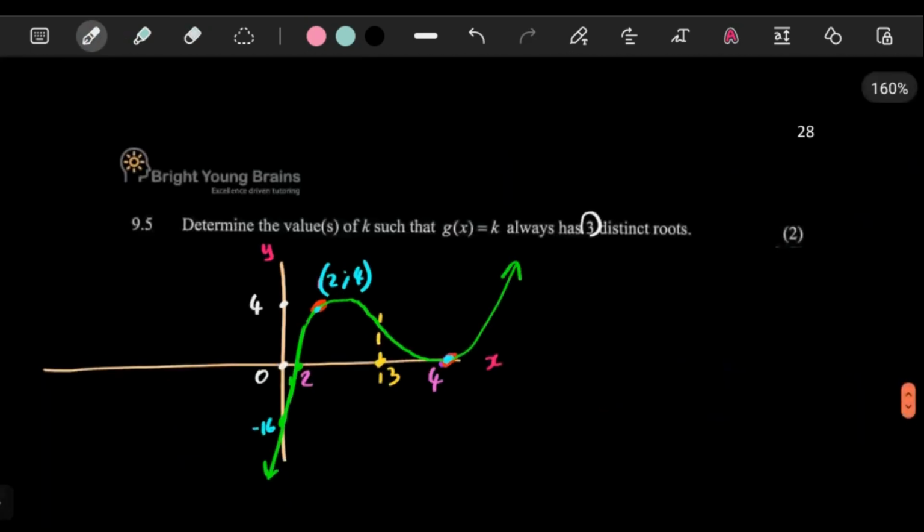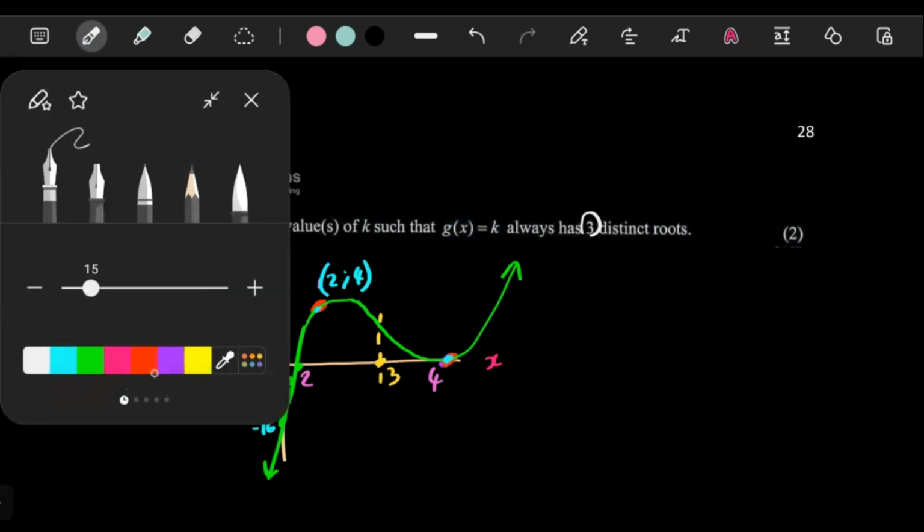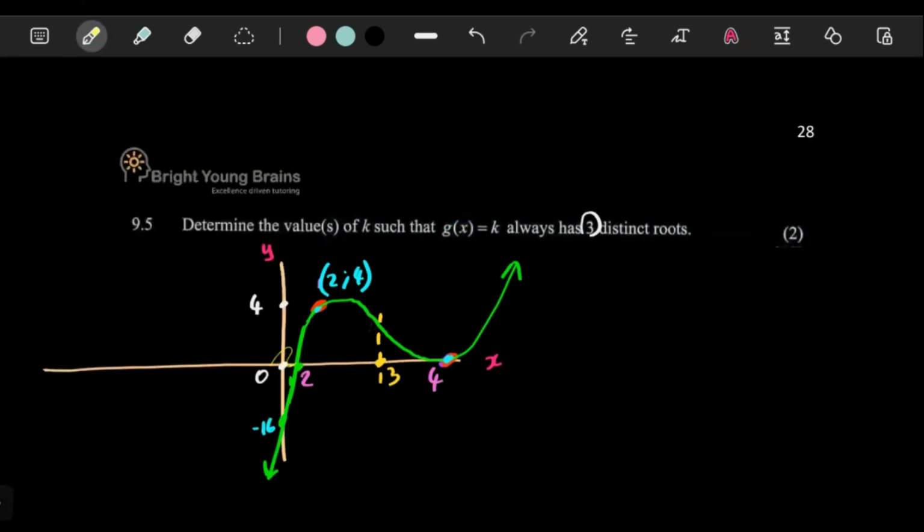So what you know is, if your graph is going to have 3 distinct roots, it needs to be moving between this y value and this y value. So the y value here is a 4, the y value down here is a 0.